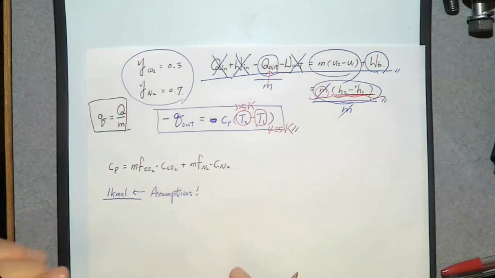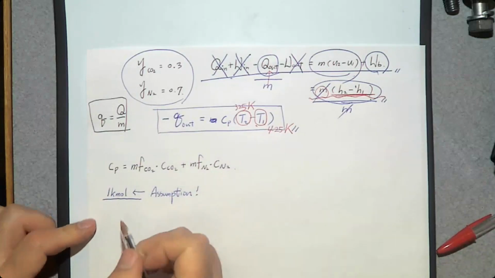This is the assumption. Then what is the number of moles of carbon dioxide? 0.3 kilomole, and the number of moles of nitrogen is going to be 0.7 kilomole because the mixture is 1 kilomole.